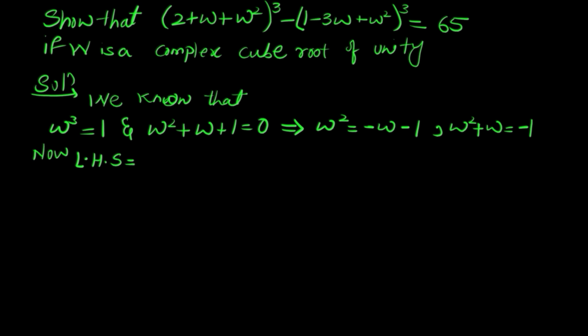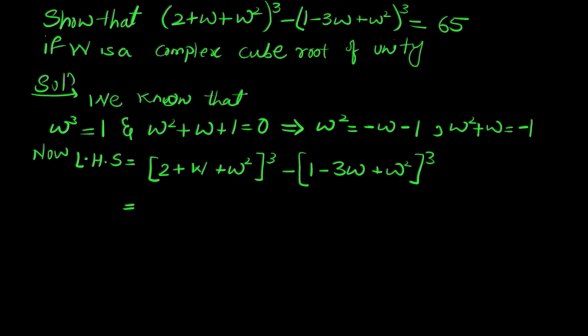is equal to (2 plus w plus w square) the whole cube minus (1 minus 3w plus w square) the whole cube. Now, we already know that w plus w square is equal to minus 1.